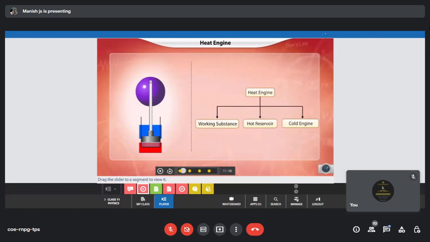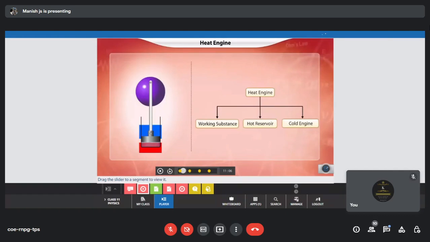So that is the hot reservoir where the fuel is being burned. That is going to produce heat. It is called the hot reservoir where the burning chamber, the combustion chamber, is present. It is the process of burning or combustion of your fuel inside the engine. That is the meaning of hot reservoir.